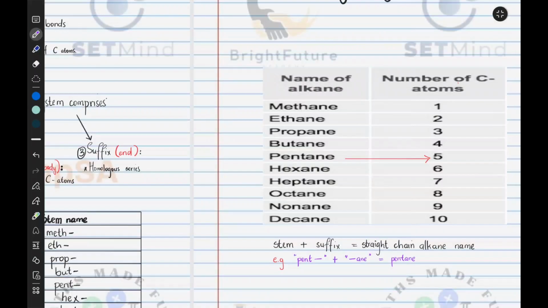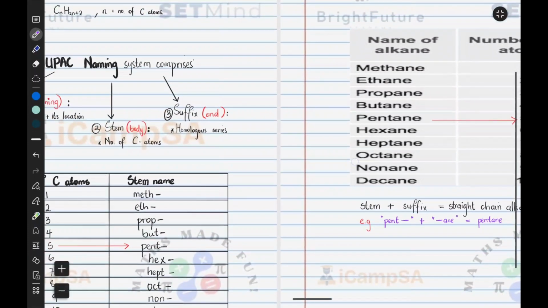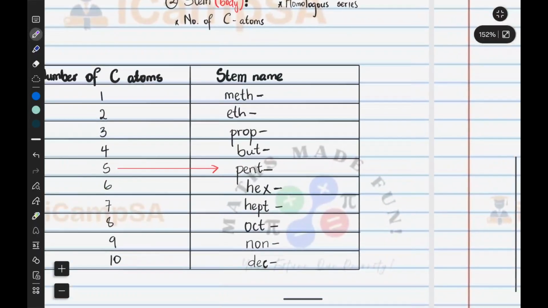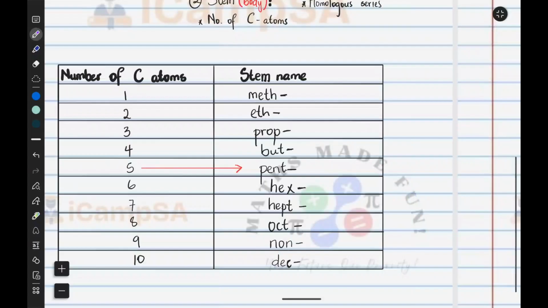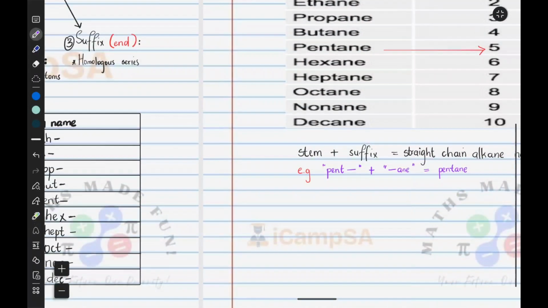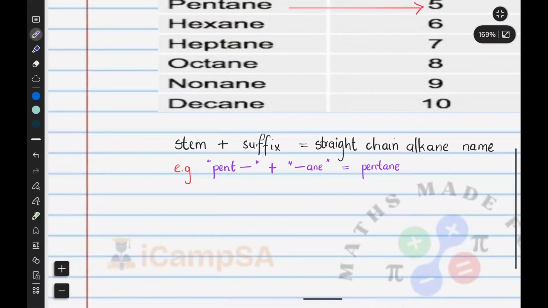Usually there's no branch or anything, it's just one long chain. After finding out how many carbon atoms that chain has, we go to our table of stem names. In this example of pentane, it had 5 carbon atoms, therefore the stem name will be pent. Since it's an alkane, the suffix will always be ane. Therefore the resulting name for that organic compound is pentane.